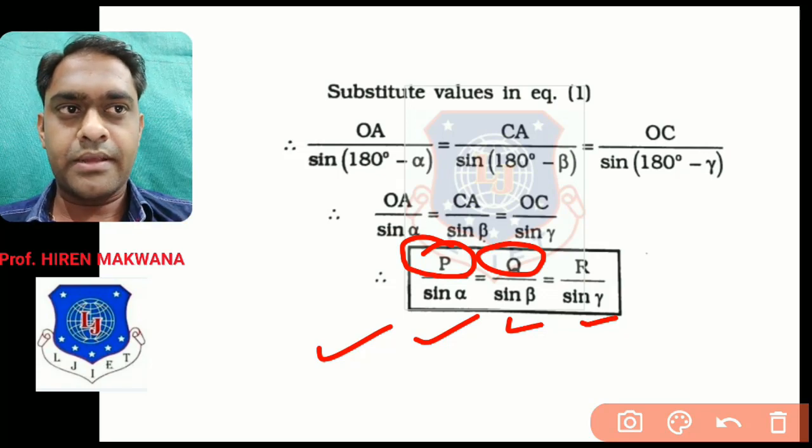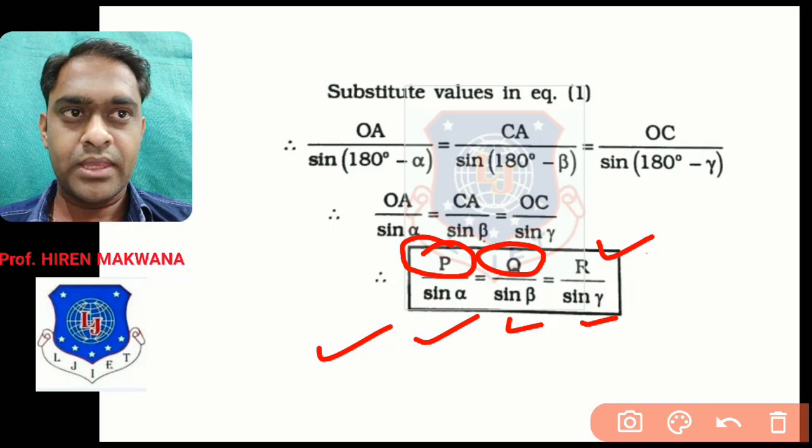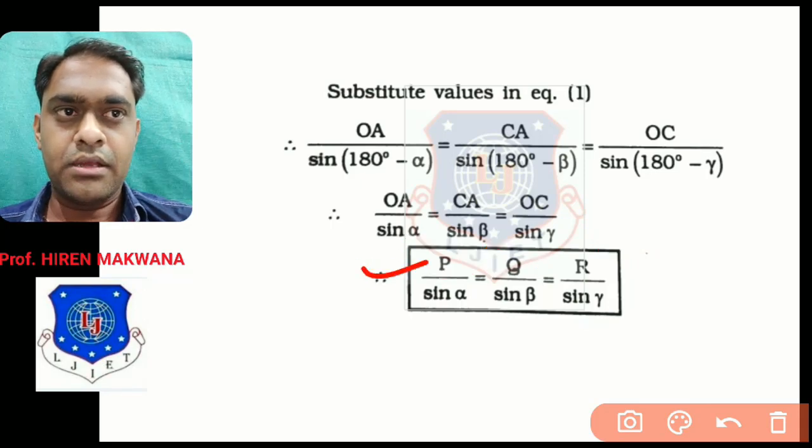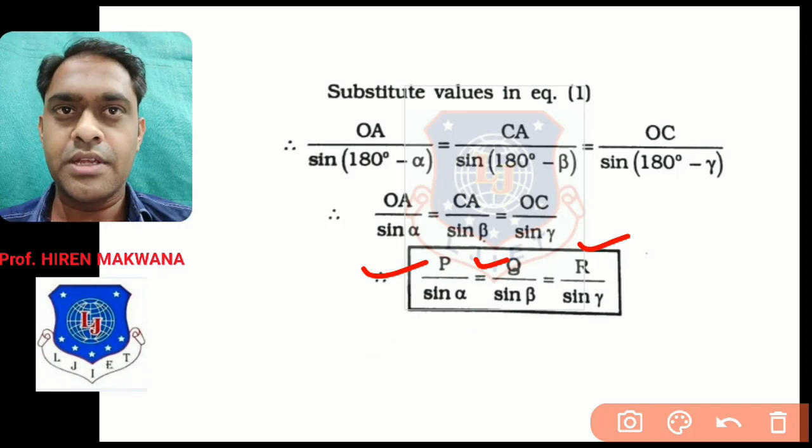Must remember that here R is not the resultant. Up to the last method R was the resultant, but here it is P, Q and R. All the three are separate forces. Nothing is the resultant.